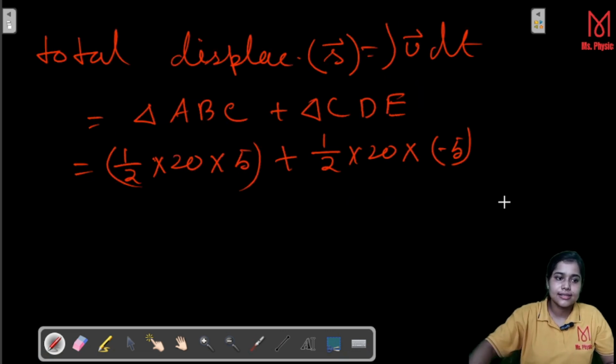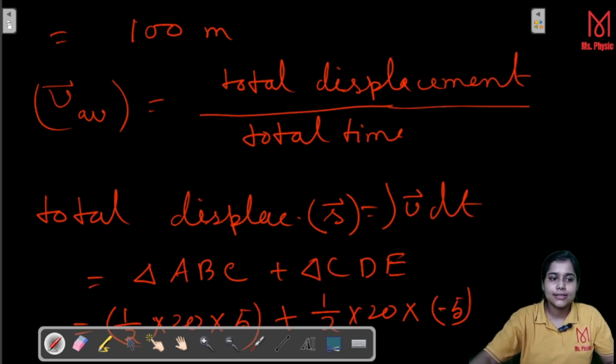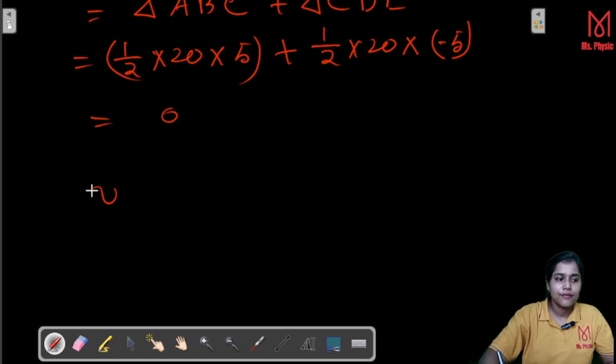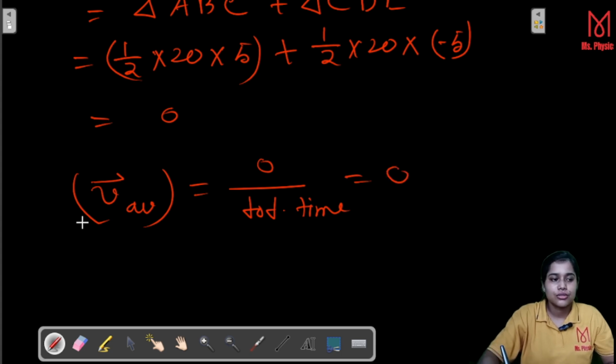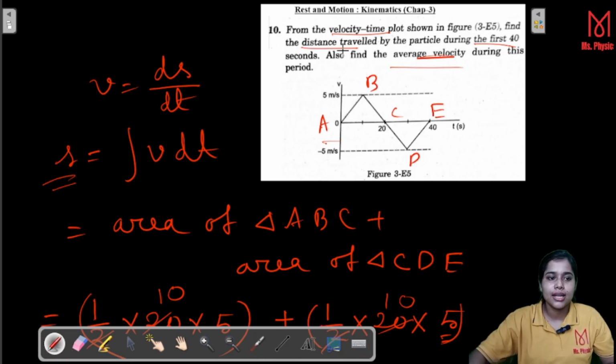But since here it is displacement, which is a vector quantity, we consider the direction, meaning the negative sign of the velocity, and it is ultimately 0. Since total displacement is 0, V average is equal to 0 over total time, which is equal to 0. So this is about the average velocity. Thus you have to calculate the total distance and average velocity.